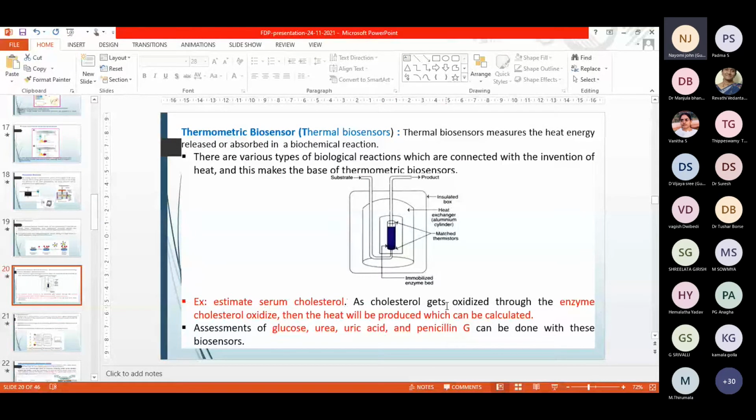This serum cholesterol, which gets oxidized by the enzyme cholesterol oxidase, releases heat that will be detected in this thermometric biosensor and calculated, and then you can correlate how much cholesterol is there in the serum. There are many similar examples for the determination of glucose, urea, uric acid and penicillin G, all detected using the thermometric biosensor.